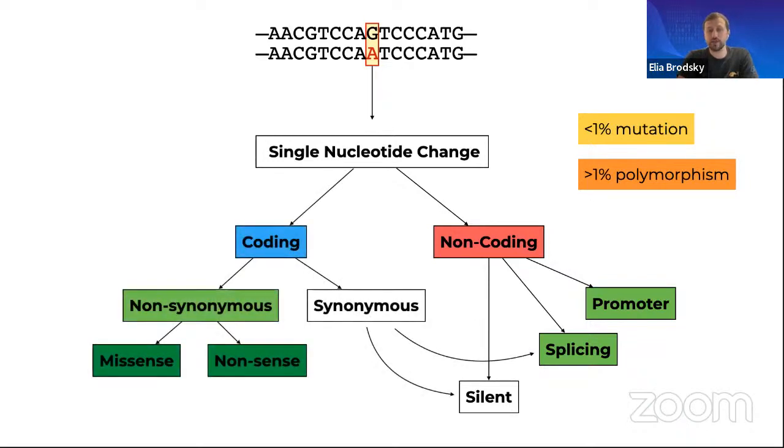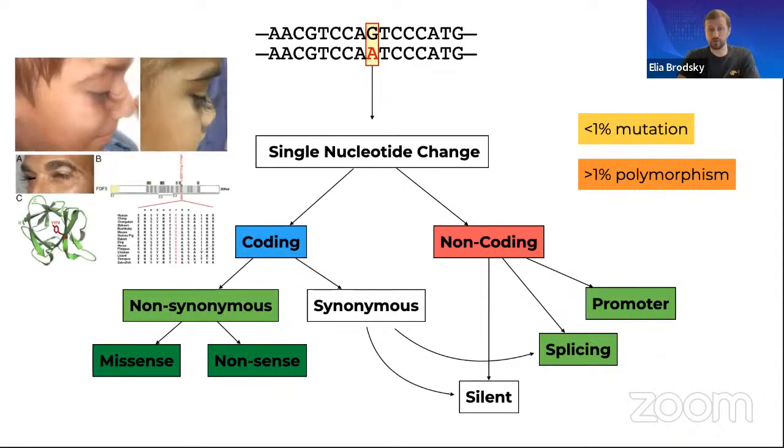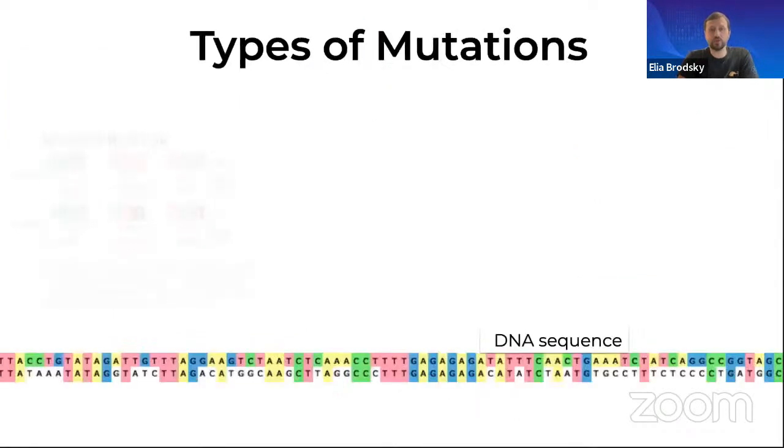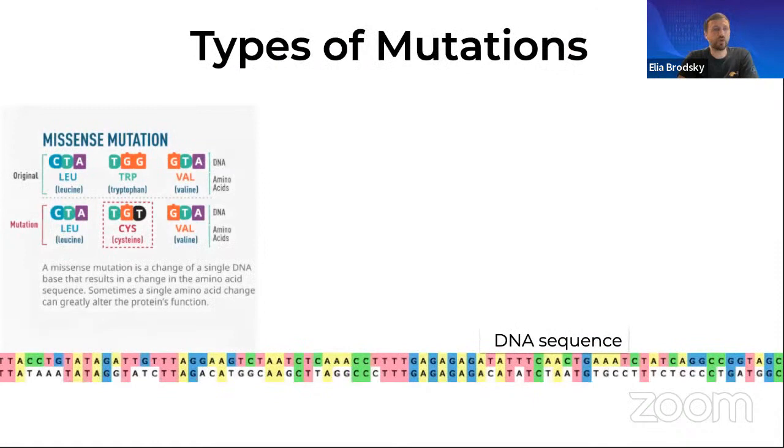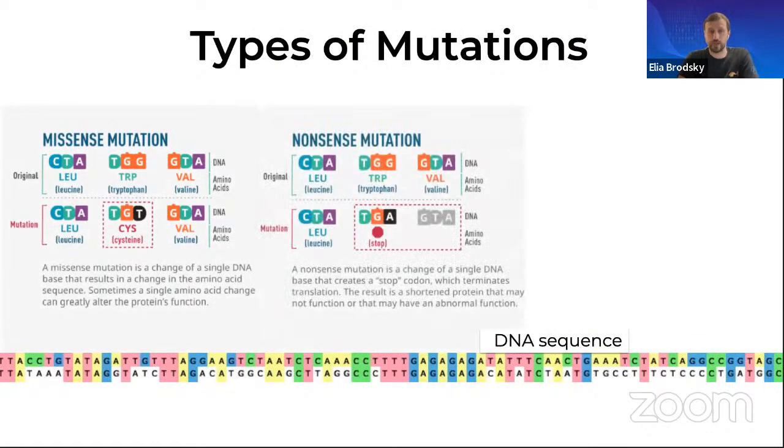We will also look at the impact of the non-coding mutations and whether these non-coding mutations matter at all. We will also take a look at some examples of where such germline mutations are known to make a difference in how they affect the phenotype. So when we talk about these types of mutations, we will also apply this to somatic mutations as well as germline mutations.